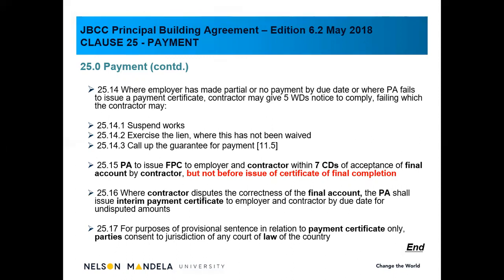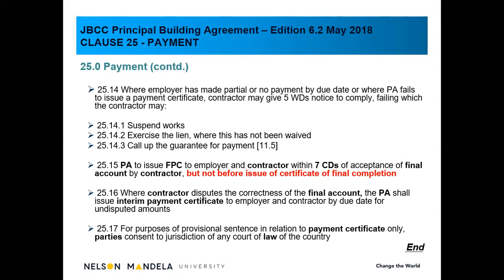What is important, 25.11.15, is that the principal agent is to issue a final payment certificate to the employer and contractor within 7 calendar days of the acceptance of final account. So that final account, we've got 90 days to complete the final account. But it's important that the final payment certificate should not be issued before the issuing of the final completion certificate.